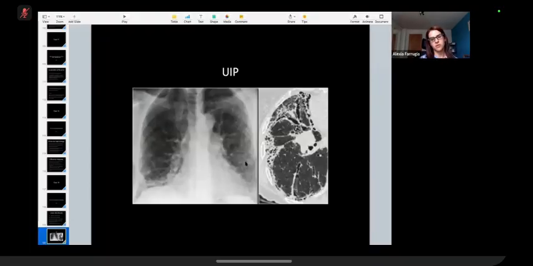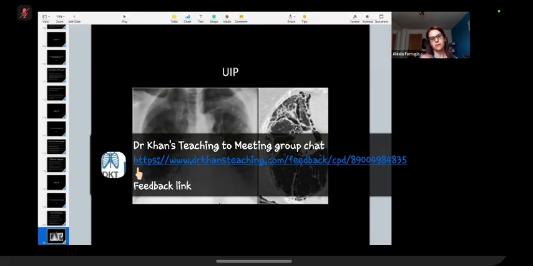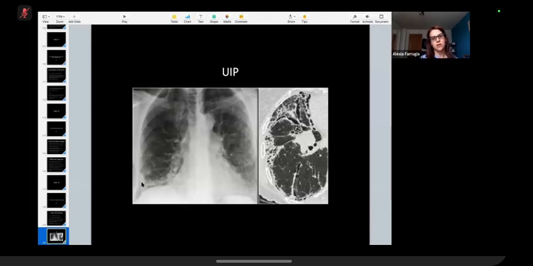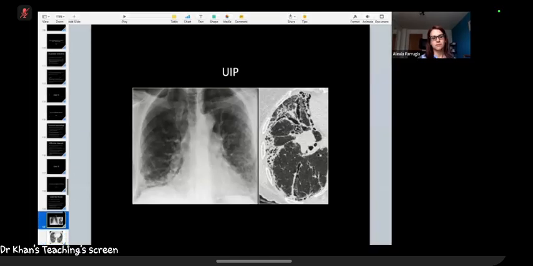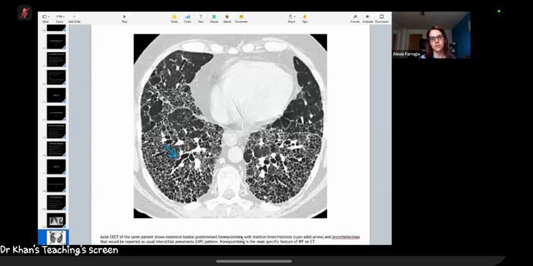So UIP, this is a more end stage chest X-ray, because there is extreme volume loss and lower lobe reticulation. On the CT, there is extensive traction bronchiectasis, reticulation, and honeycombing as well. Often there are multiple rows of subpleural cysts, which are termed honeycombing. Traction bronchiectasis, interlobular septal thickening and honeycombing, the three features, are suggestive of a UIP pattern.